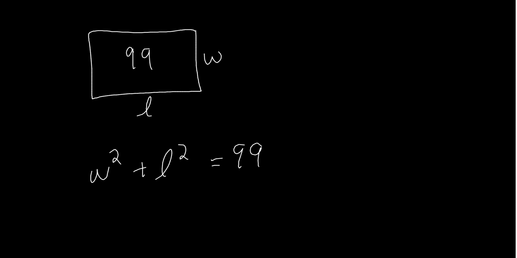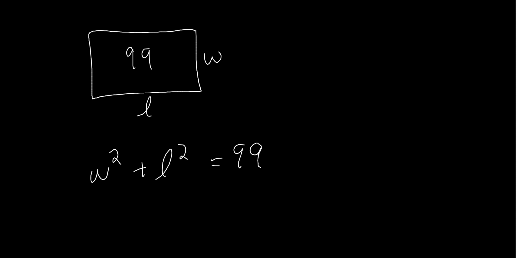So this is the width and this is the length. If we were to find the area of this box, we would say w squared plus L squared. And again, let's just say the area is 99. So we would have this equation.